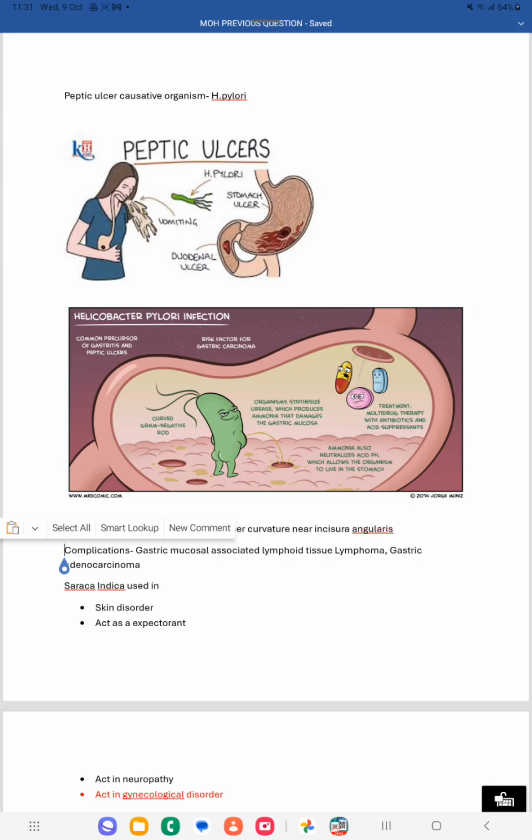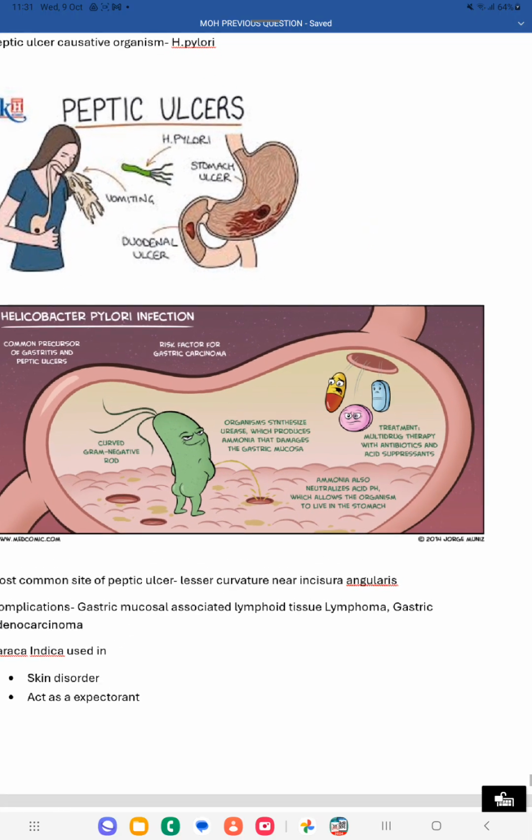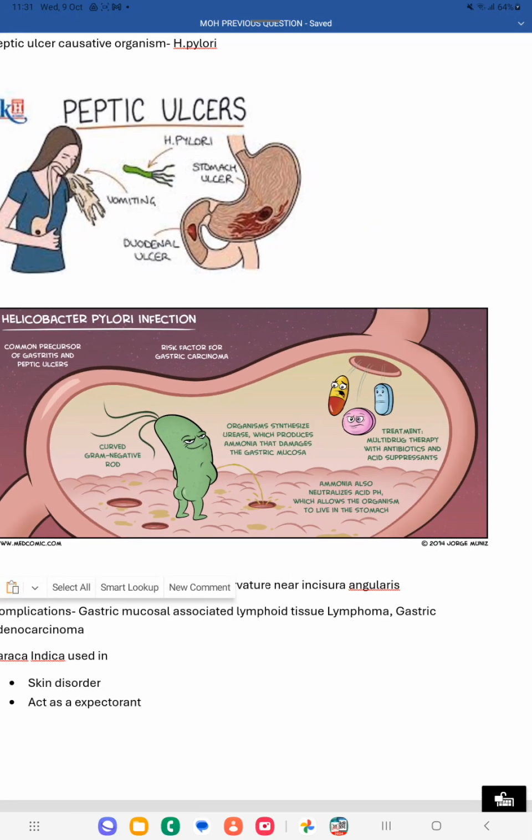So Helicobacter pylori, what do they do? First of all they release an enzyme, the urease enzyme. This enzyme converts urea into ammonia and carbon dioxide, and because of the ammonia, H. pylori is protected from the HCl, because in our stomach HCl is present.